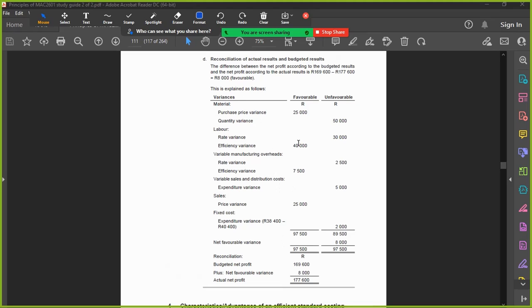This is a summarized analysis of all the different variances, favorable and unfavorable, to reconcile the profit with those variances that you've identified.